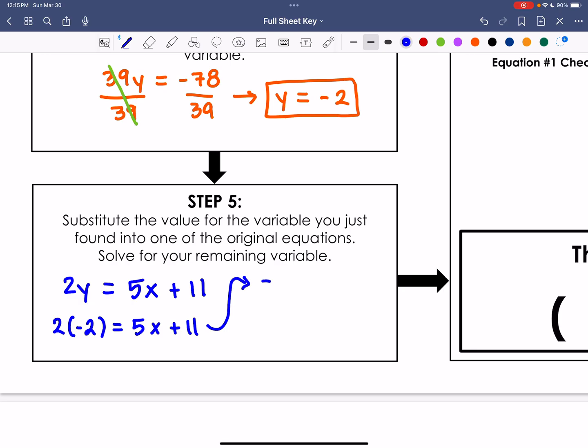So this gives me the equation -4 equals 5x plus 11, which is a two-step equation. So I'm going to subtract 11 from both sides, which gives me -15 equals 5x. And then to finish solving, I would divide both sides by 5, which gives me -3 for x. And again, or so I think. We need to check ourselves.